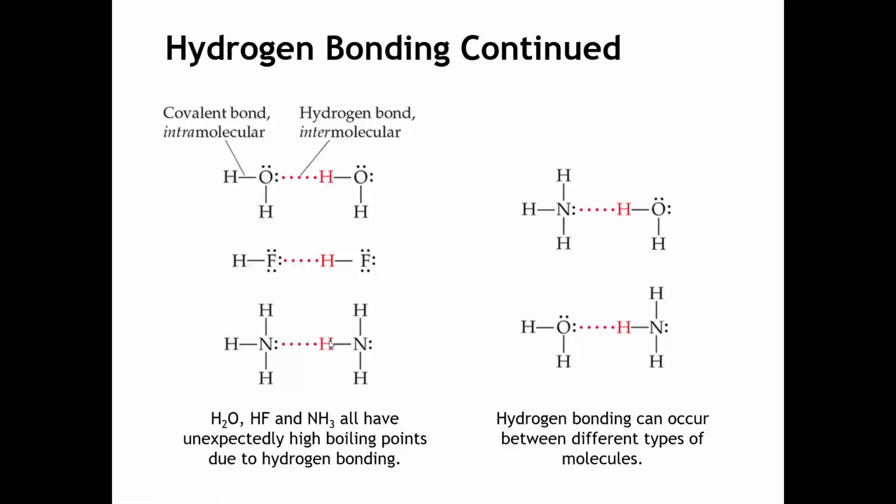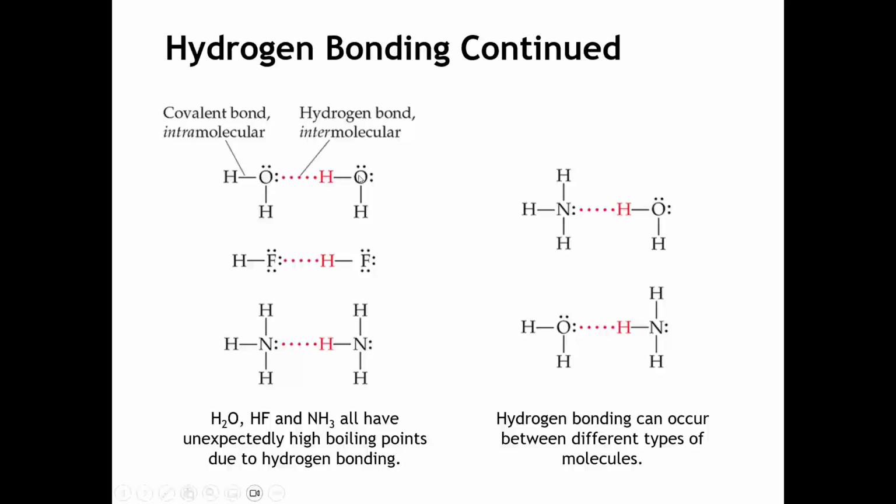Okay, I do want to stress right now that this interaction, which we call a hydrogen bond, is an electrostatic interaction that is really like a strong dipole-dipole interaction. It's not a true covalent bond because the Pauli exclusion principle is telling us that hydrogen can't make two bonds anyway.